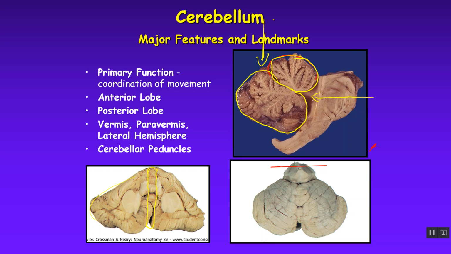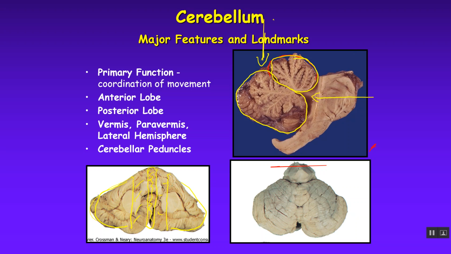That very middle section in a longitudinal section is the vermis. Vermis means kind of worm-like, and it looks kind of like a little bit of a worm. Then right out here you have what's called the paravermal region. The paravermal region is just a little bit more to the outside, and then these are the lateral hemispheres out here.